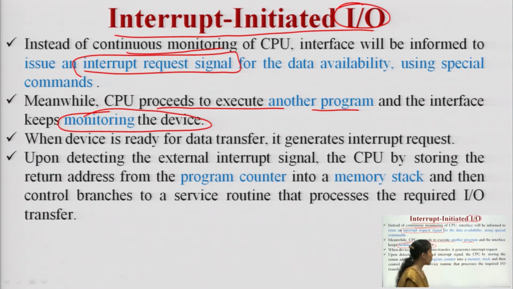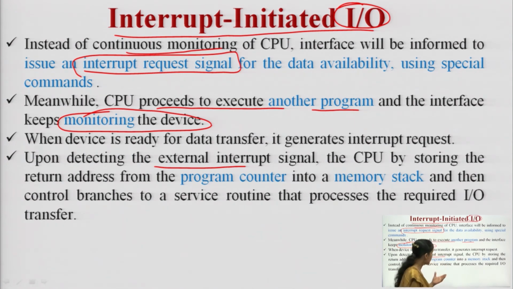That means upon detecting the external interrupt signal, the CPU stores the return address from the program counter into the memory stack. We have discussed this memory stack; it is just a set of temporary registers for storing the temporary values of the program counter, where the CPU has to return after executing its present instructions.